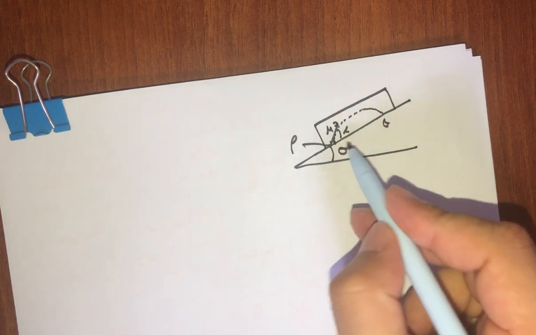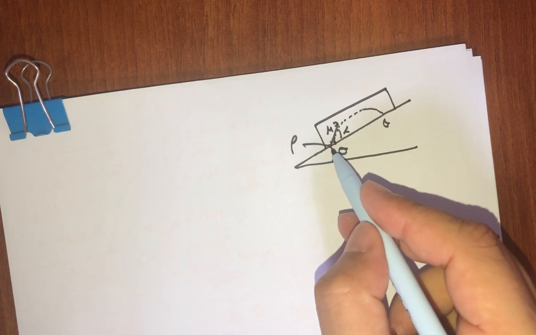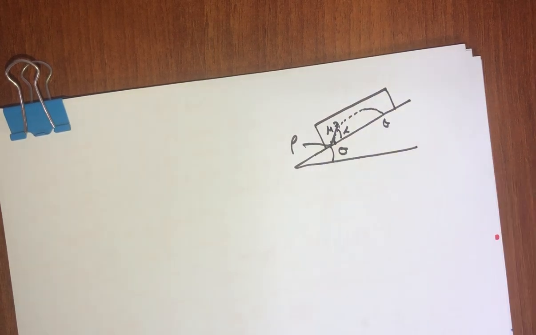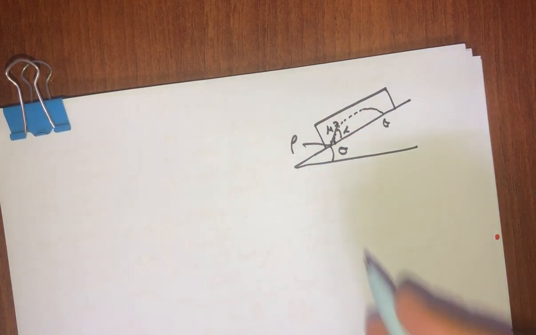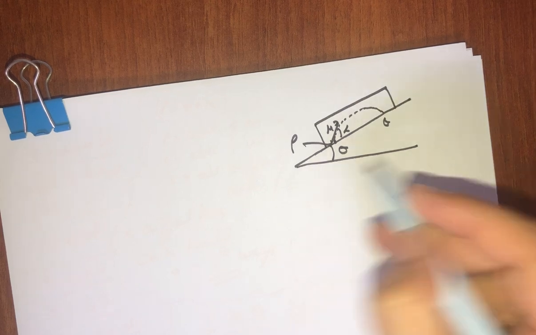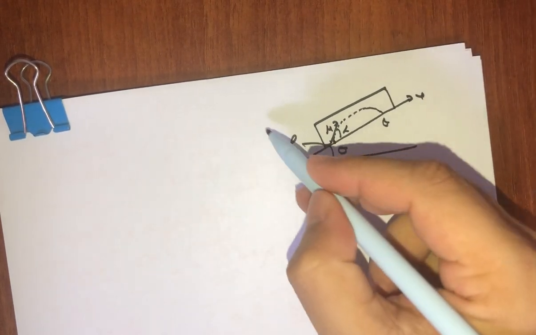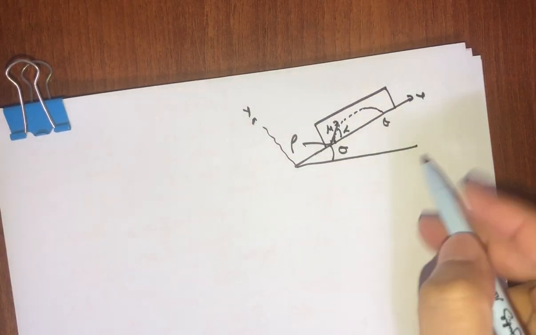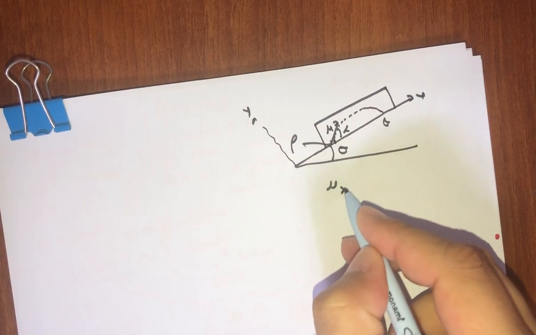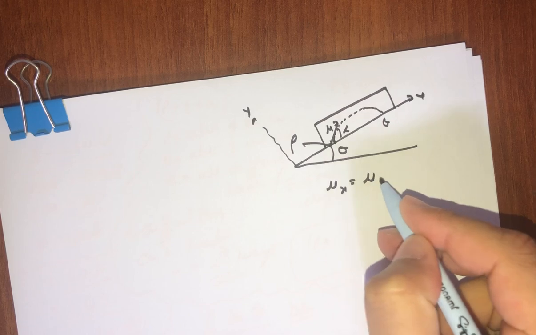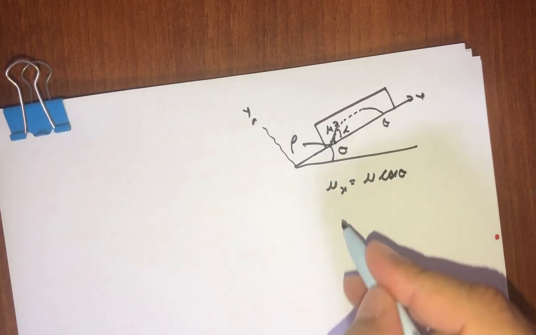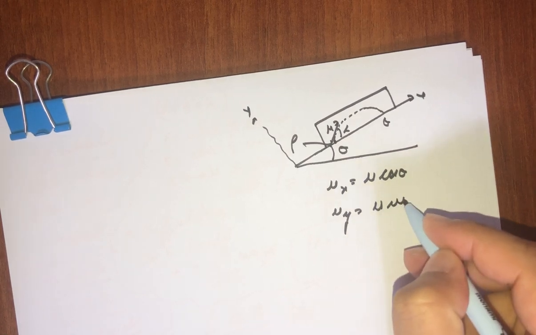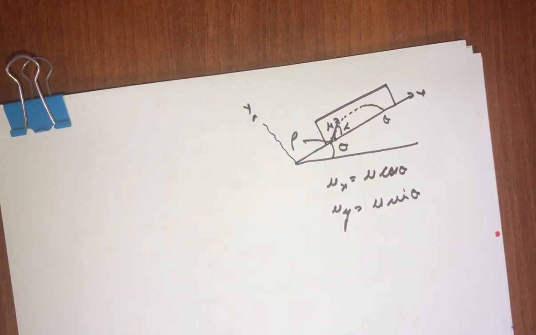So first of all we are going to find out the two components of the initial velocity u. You can see that, let us call this direction x and this y. In the x direction the component is ux, which will be equal to u cos of alpha, and in the y direction it will be u sine of alpha.